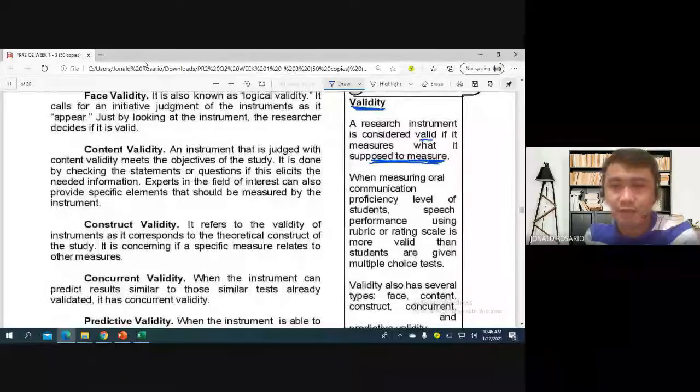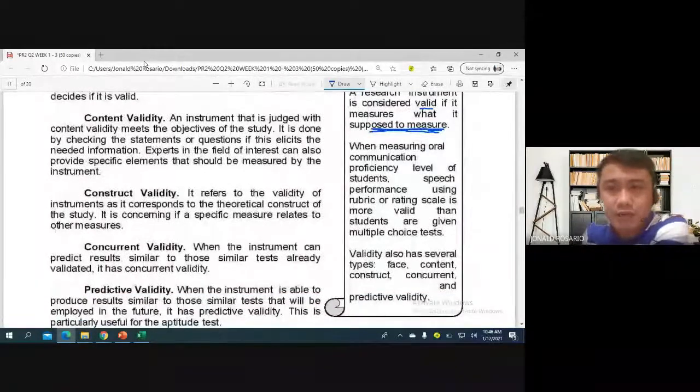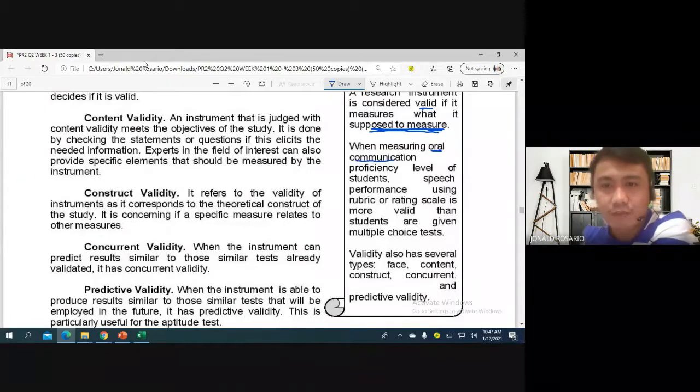Just for example, when measuring oral communication proficiency level of students, speech performance using rubric or rating scale is more valid.